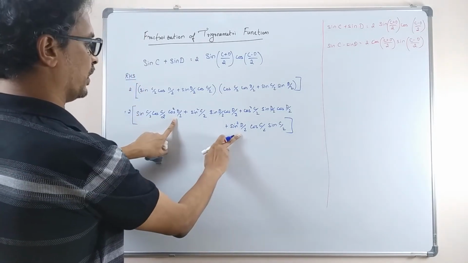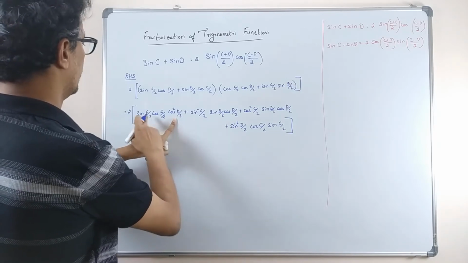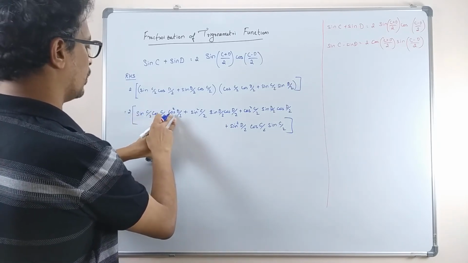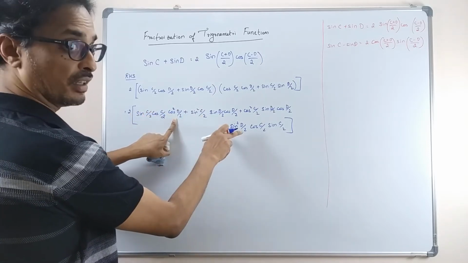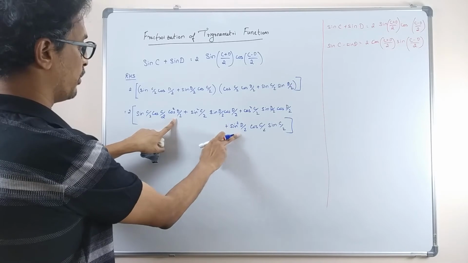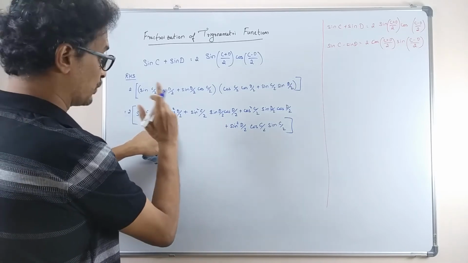This one and this one, I can take sin C/2 cos C/2 commonly outside. So what will you get? Sin square D/2 plus cos square D/2, which is 1.